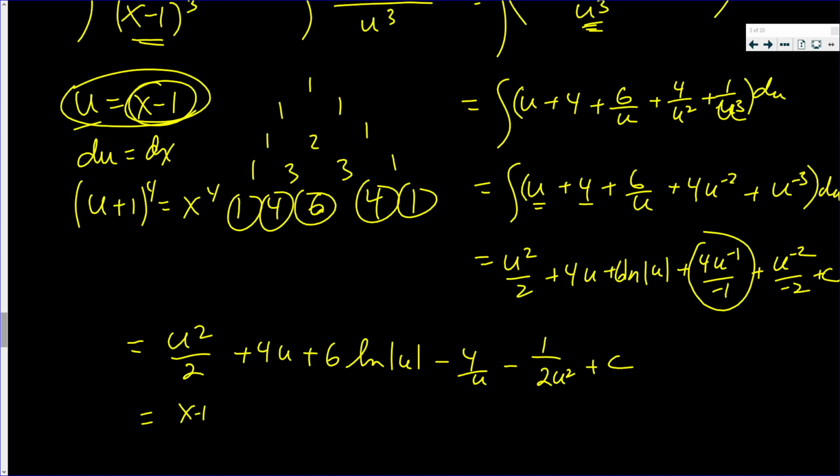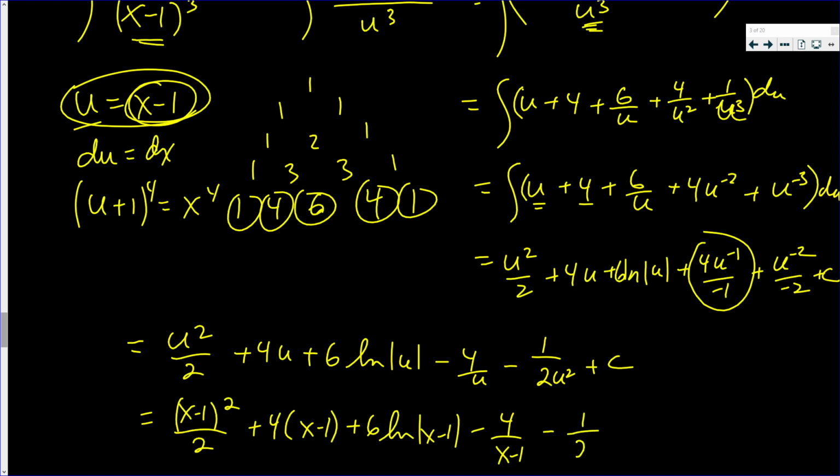Okay, so it's x minus 1 squared over 2 plus 4 times x minus 1 plus 6 times ln of x minus 1 minus 4 over x minus 1 minus 1 over 2 x minus 1 squared plus c. And that would be the answer.